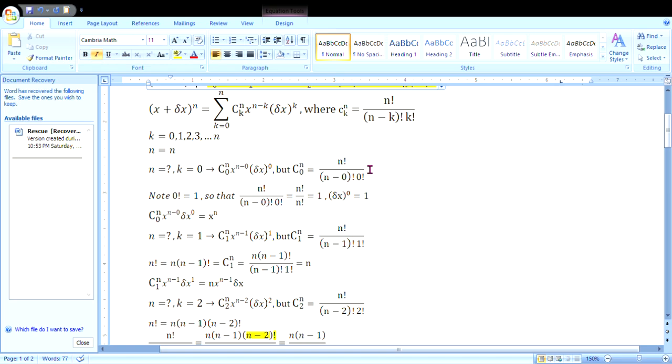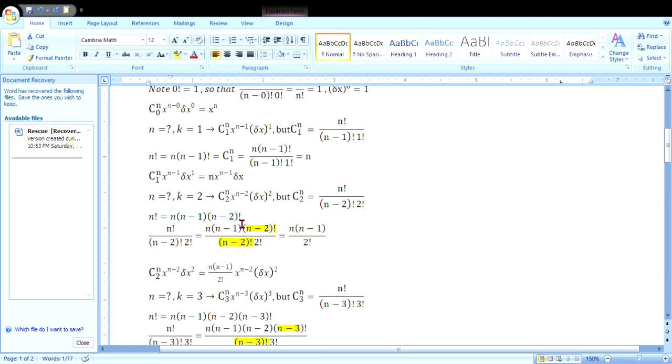So let's quickly move on. When k is equal to 0, this expression will turn out to be x raised to the power of n. So n combination 0 is n factorial divided by n minus 0 factorial times 0 factorial. But recall that 0 factorial is 1, so that the whole of this expression is equal to 1. So that's the first term of the expansion, when k is 0.